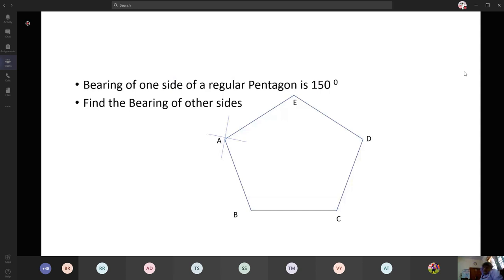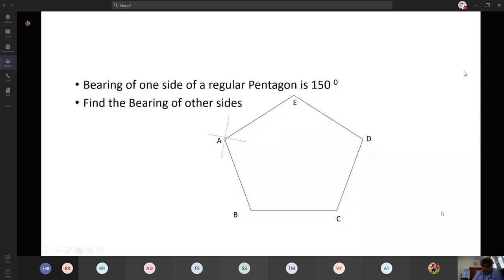What is the bearing of BC? Some answers you have to work out with me actually. Angle ABC is 108. Bearing of BA is 330. So how much will be the bearing of BC? No idea?